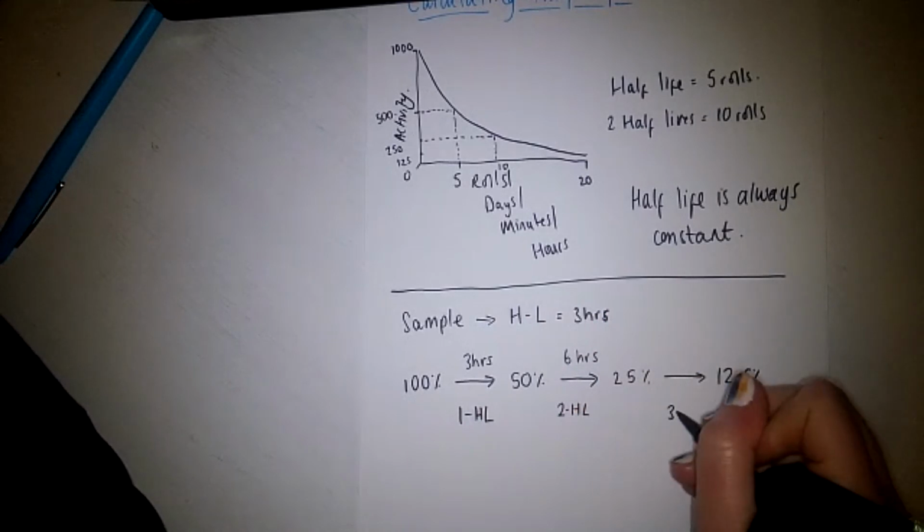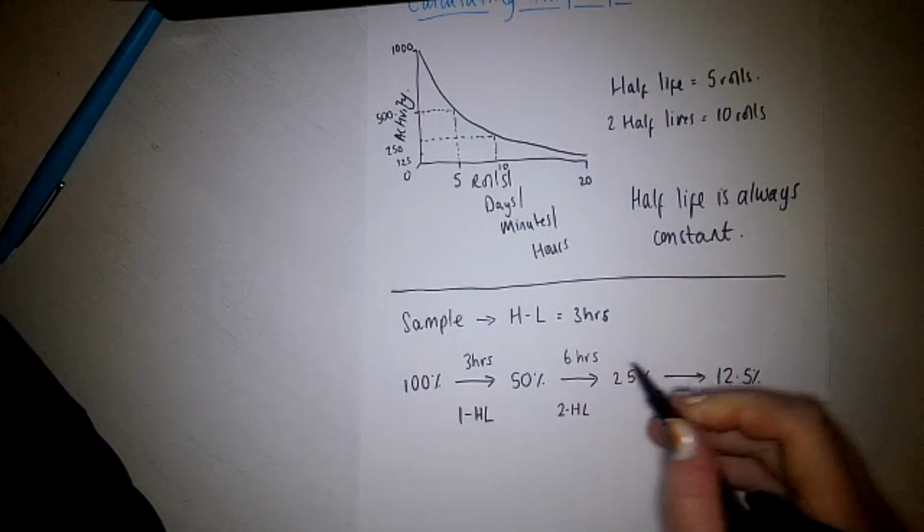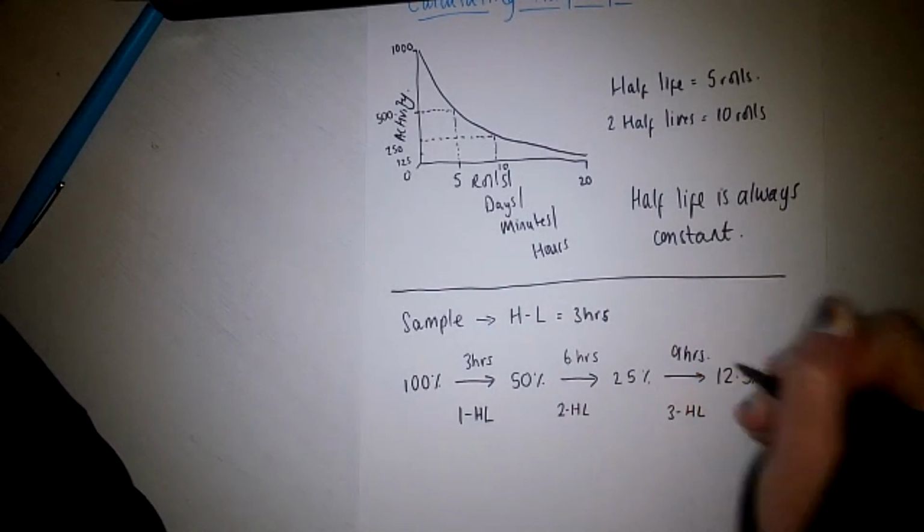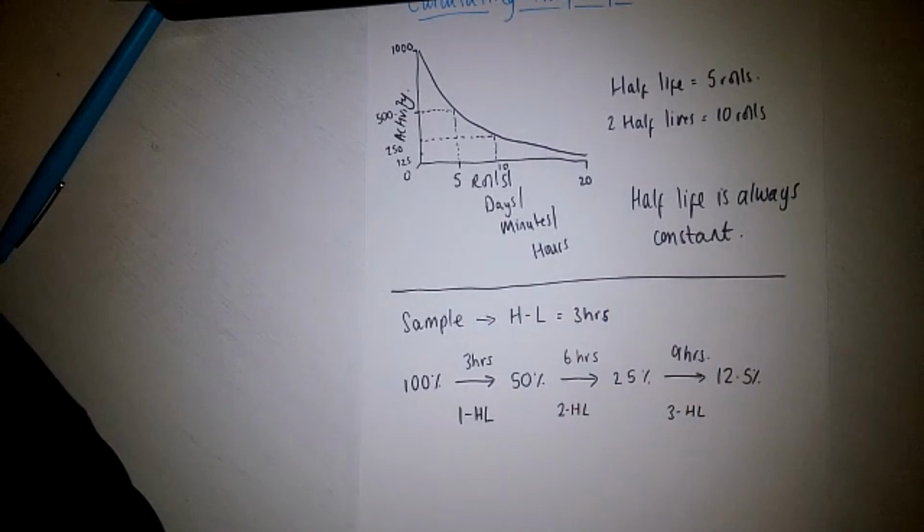This one, 3 half-lives, has gone up another 3 hours, so it's 9 hours. So it's going to take 9 hours for this sample to fall below 12.5%. And that's all you've got to do.